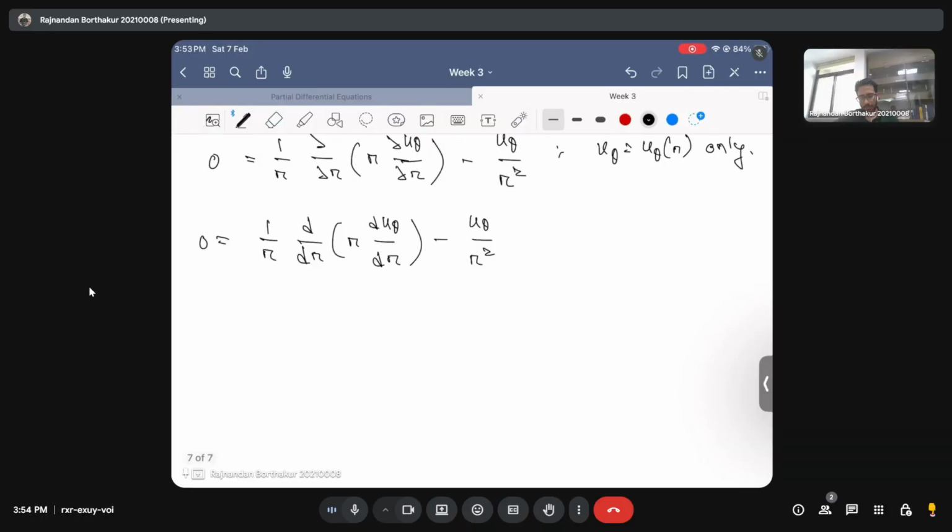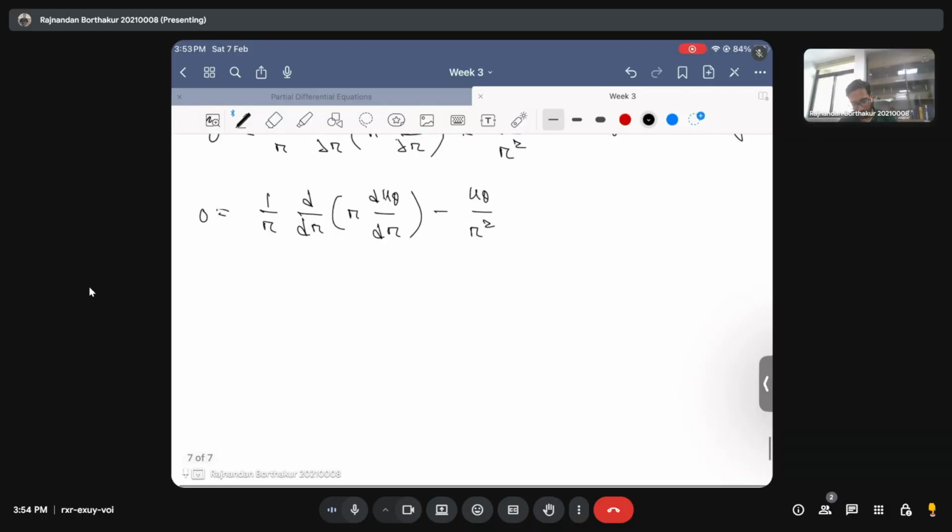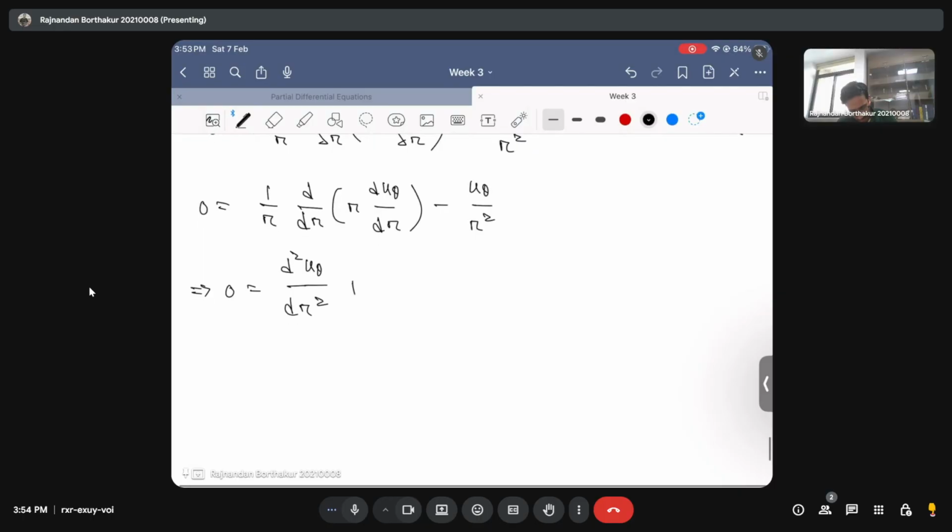And let's simplify this. If we simply use the product rule here, let's see what we will get. So it's going to be 0 equal to d²u_θ/dr² plus 1 upon r du_θ/dr minus u_θ by r squared.